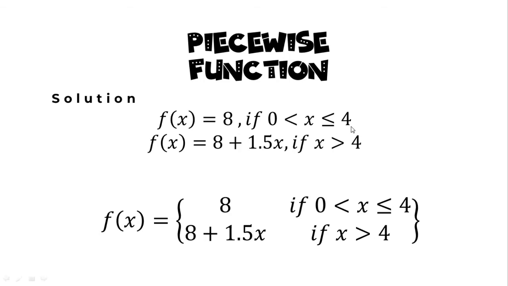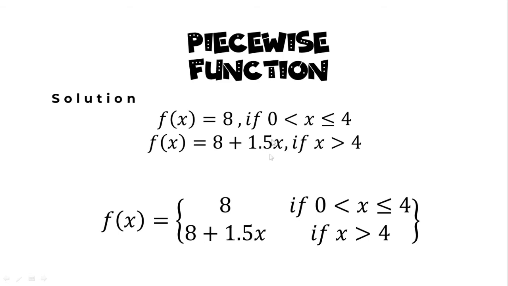So, halimbawa, yung isang pasahero ay 5 kilometers ang pupuntahan niya, ang distansya na pupuntahan niya. So, ang gagawin natin is itong second function, which is f of x is equal to 8 plus 1.5x if x is greater than 4. Sabi dito kasi, kapag ang value ng x is greater than 4, ito ang gagawin natin function.